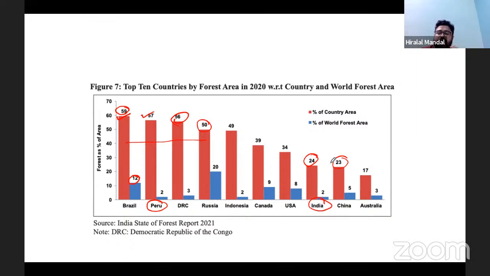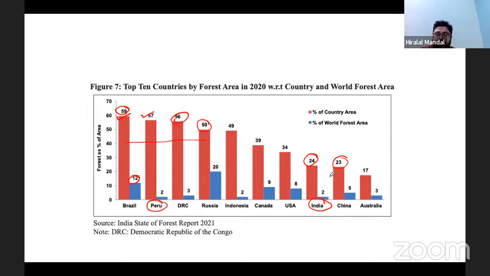Why? Because in Asia there is a huge population in the country, and the land is used for agriculture purposes and so on. So therefore there is a decline of forest coverage in those areas. All right, so that's what you can see.